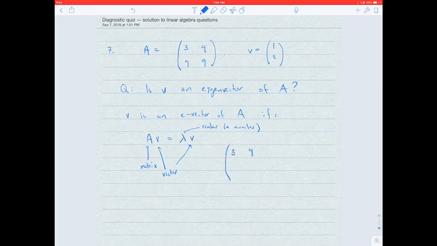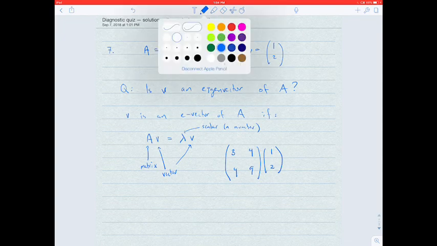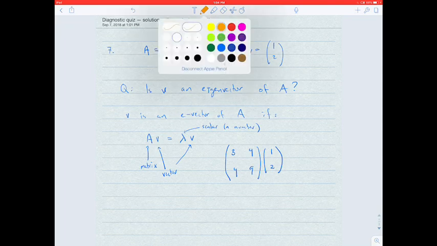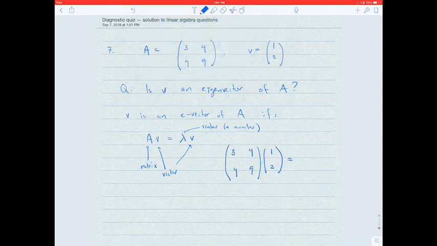So 3, 4, 4, 9 times 1, 2. Remember how matrix multiplication works. Right? We go this way and this way. Okay, so let's write that out carefully and see what these numbers are. So this is equal to 3 times 1 plus 4 times 2.